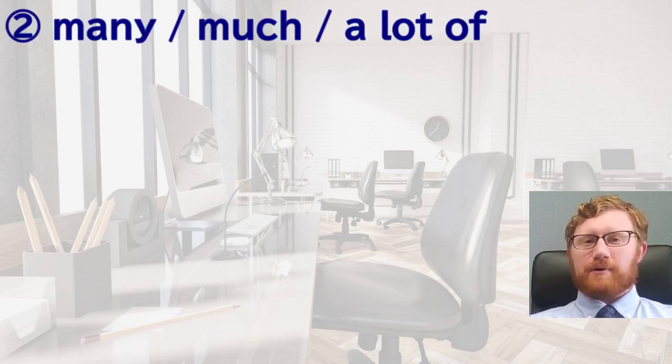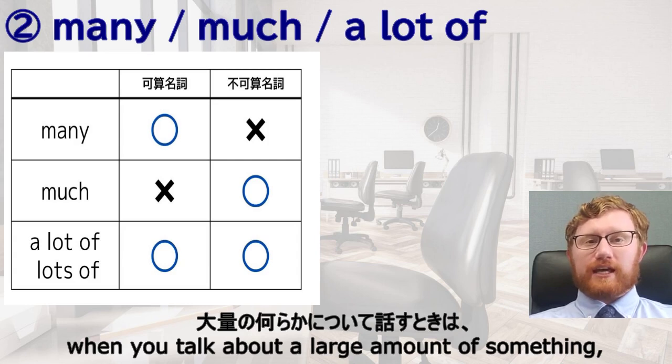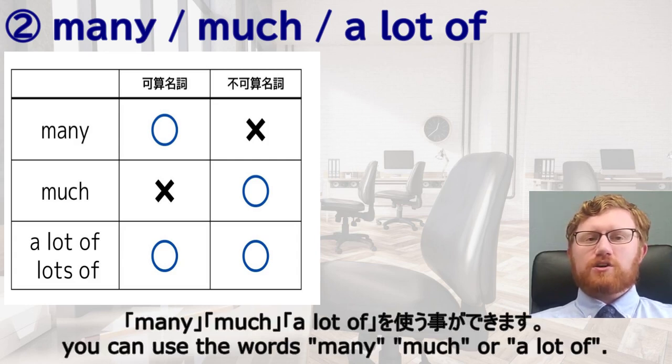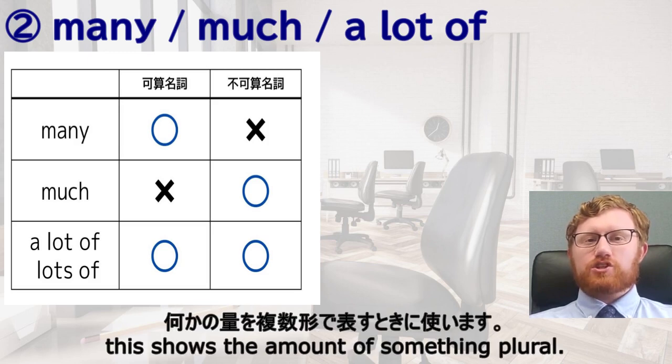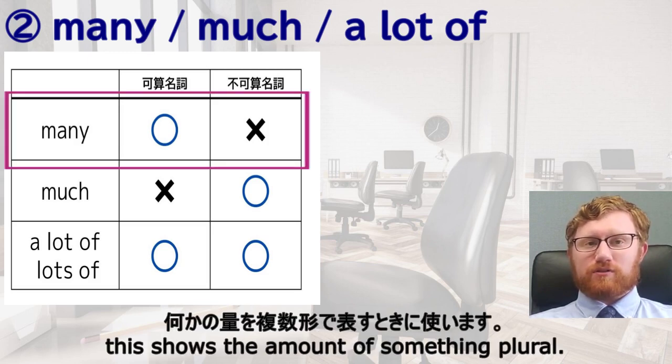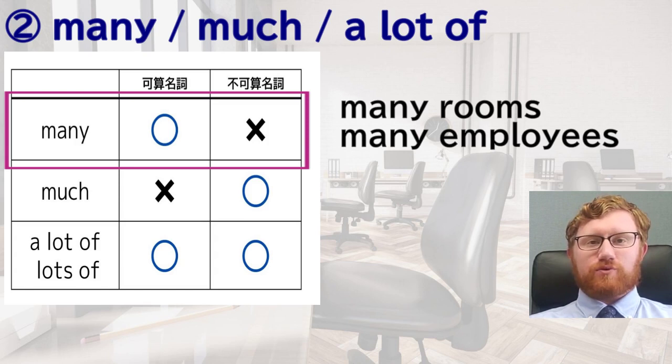Many, much, and a lot of. As you can see in the graph, when you talk about a large amount of something, you can use the words many, much, or a lot of. For the word many, this shows the amount of something plural, so it can only be used for countable nouns. For example, many rooms, or many employees.